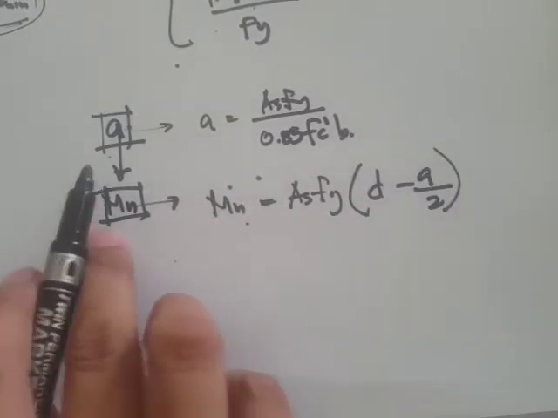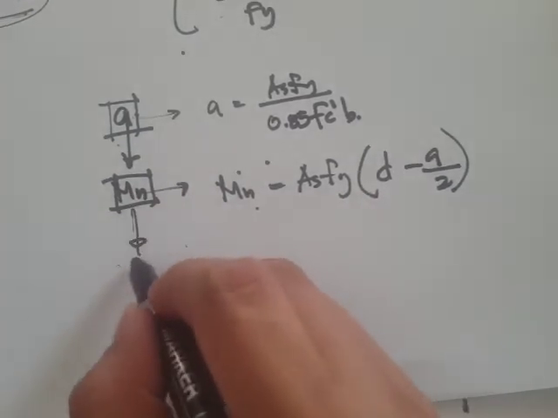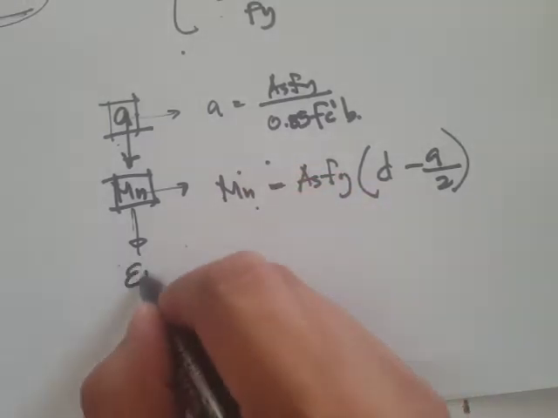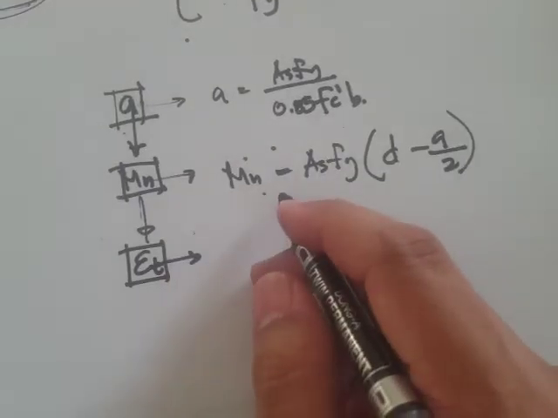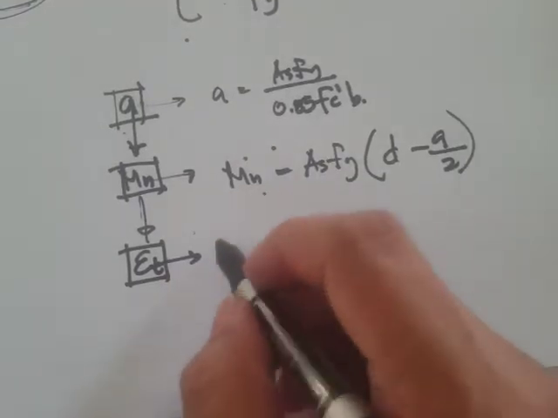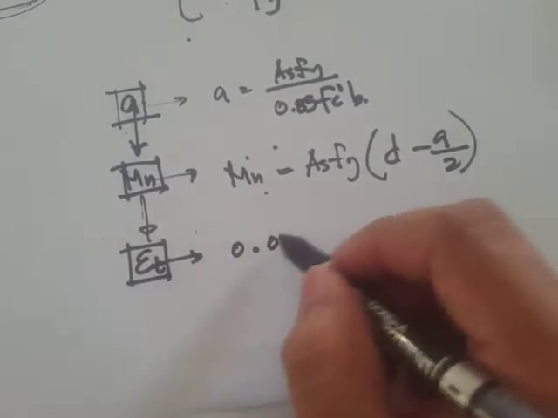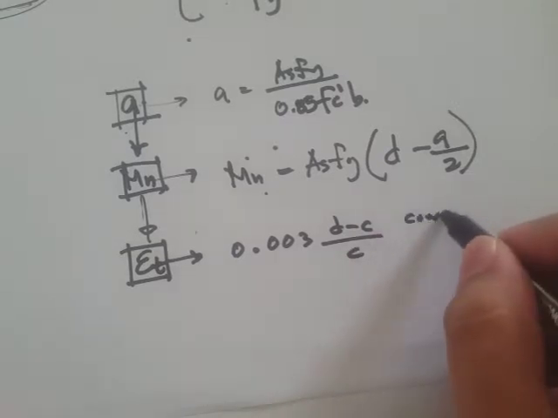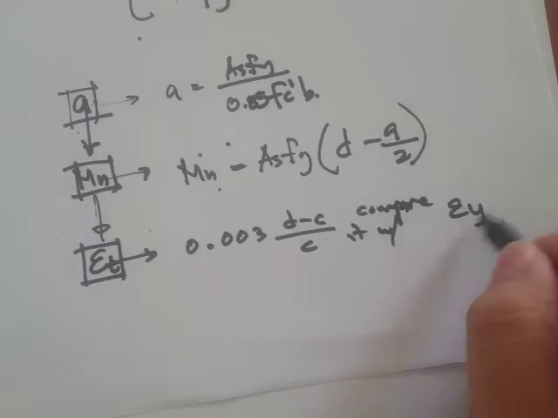Once we get this, then we have to find the strength reduction factor. But how do we get the strength reduction factor? We need to solve for this strain, and we also have to compare it with the yielding strain.